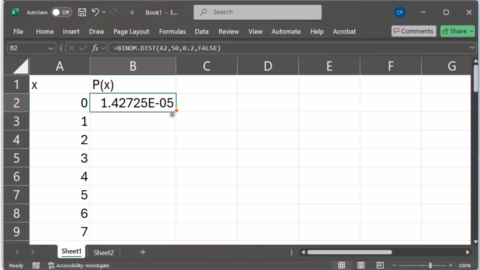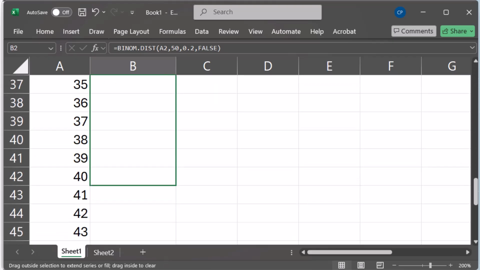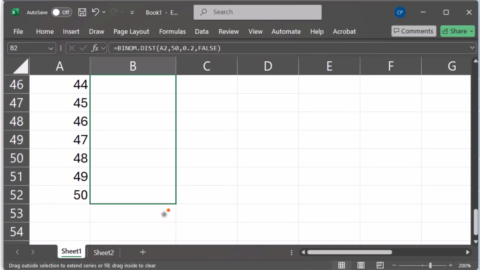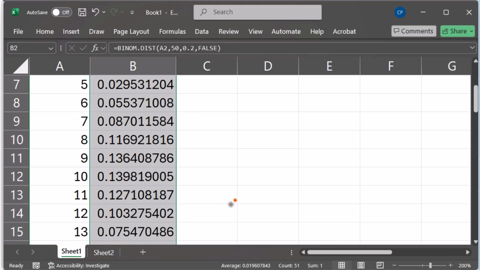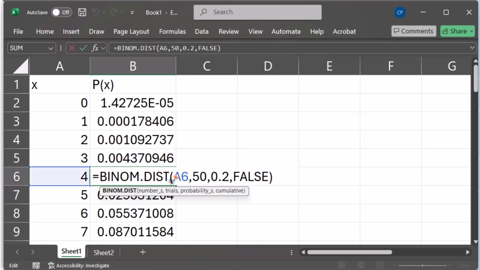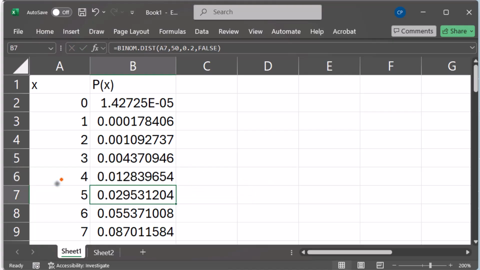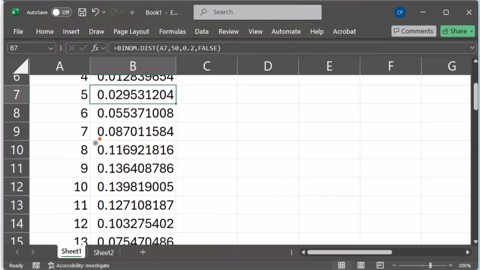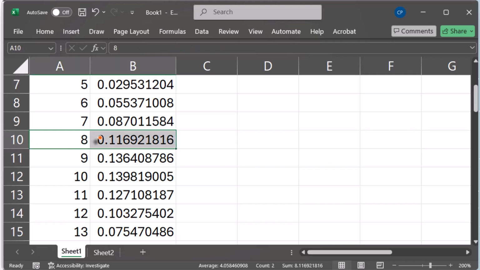And then I'm just going to drag this down by clicking that bottom right-hand corner. I want to use the same formula for all of these different x values. The only thing that's being updated in this case is the number of successes, or that x value in the left-hand column. So now I can look into this table. That previous question about the probability of 8, I could look this up right from the table.